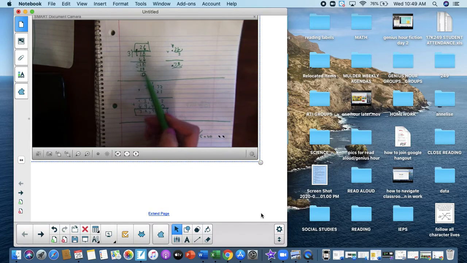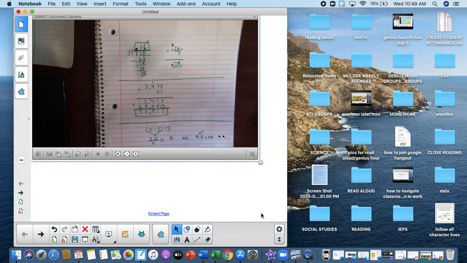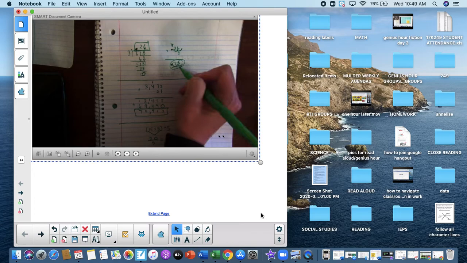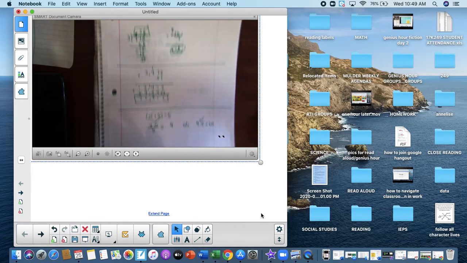I subtract, I have 0 remainders, and I make sure that I have that decimal point in there. All right? So then to check my work, I multiply it by 3, and I know I'm going to bring in my answer 2 times. So I know that my answer, that my product here, matches my dividend there.